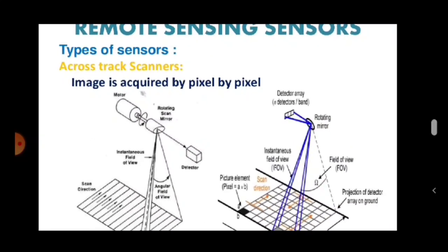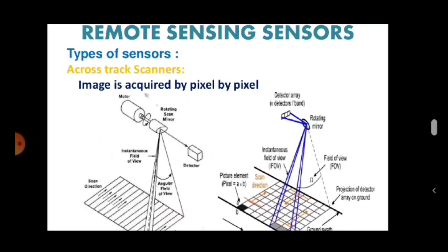The additional one for hyperspectral area array is that more and narrower bands are possible. Disadvantages are the complexity of optics and the larger number of detectors required per line. So these are the advantages and disadvantages comparison of sensor types.